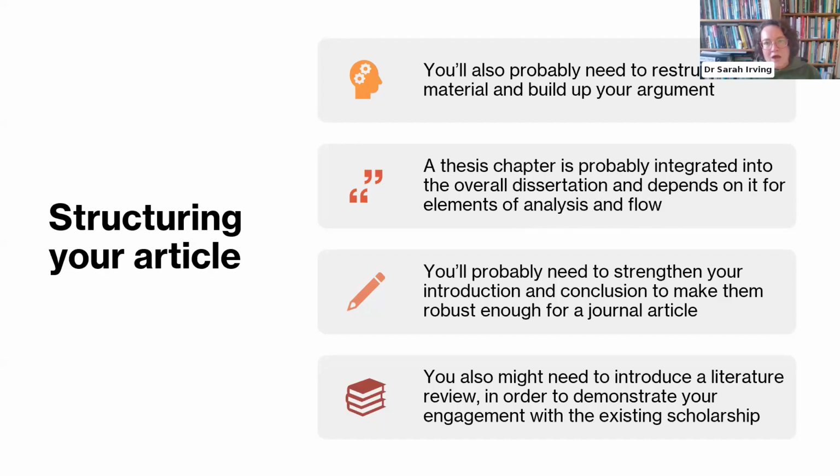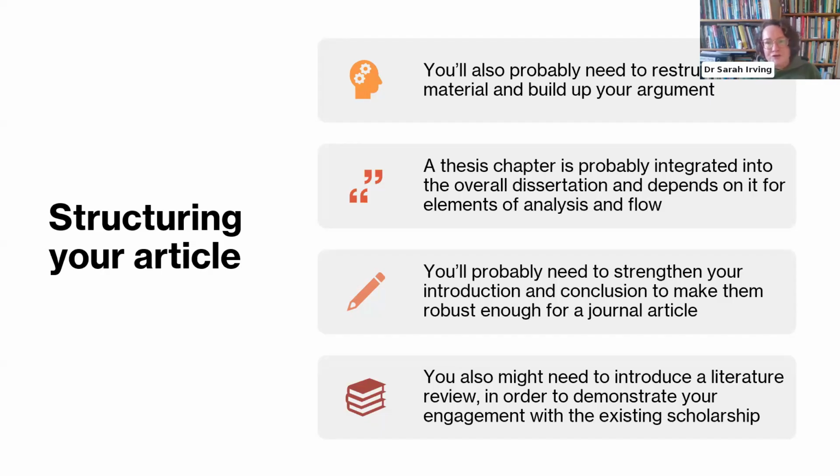So these are all things that you may well have to add in order to turn a chapter from your PhD into an article. Now, as I said at the beginning, to some extent, I'm having to give quite a general overview of the kind of skills that we're talking about here. Different people will be publishing in very different disciplines, in different journals.